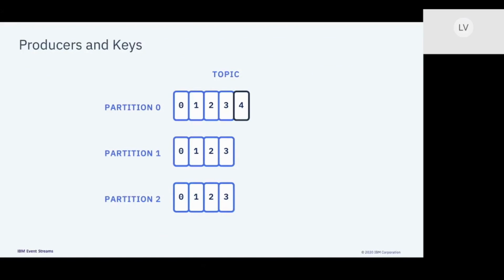Add the new record 4 in partition 0, partition 1, partition 2, and so on. 5, 1, 2, 6, and so on. And then you can decide to have a specific classification if you're using a specific key. This is usual. If you don't do anything, it's done for you.